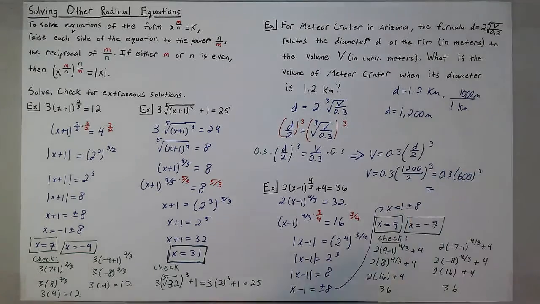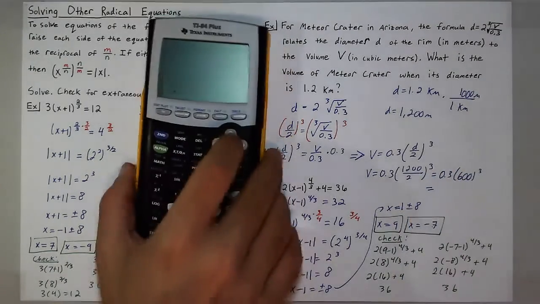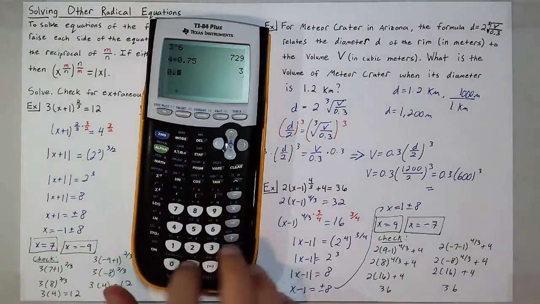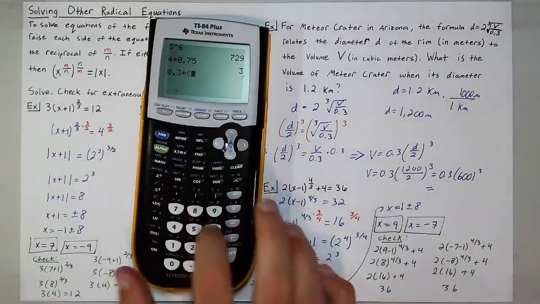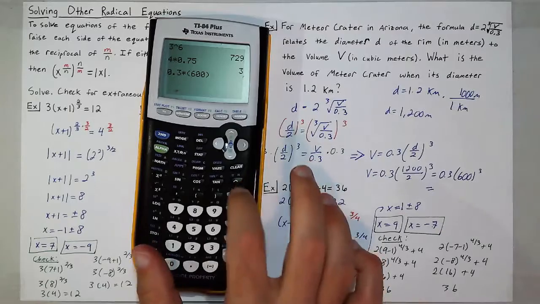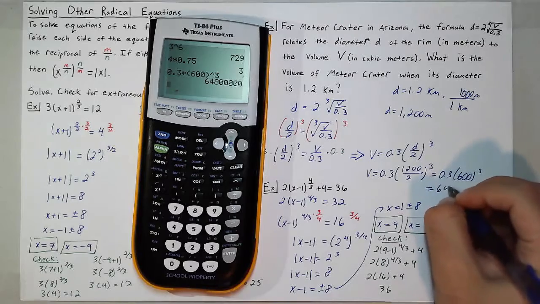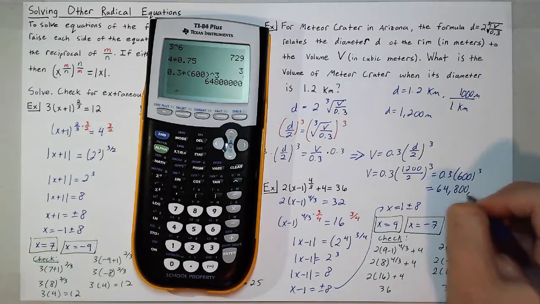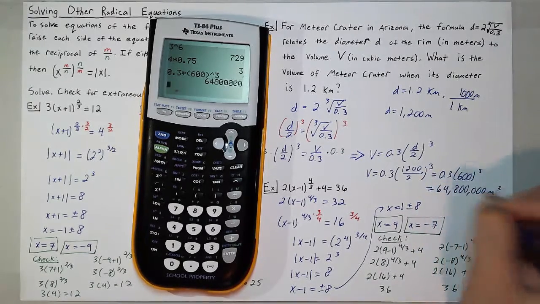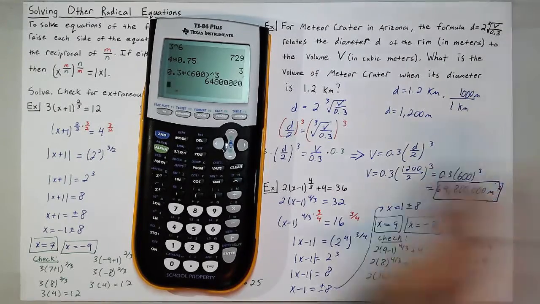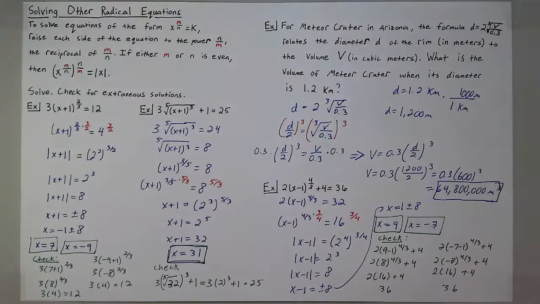So the volume of this crater, I'm going to get my calculator, would be 0.3 times 600 cubed, 64,800,000 meters cubed. Very, very large. So 64,800,000 meters cubed. And that is how you solve other radical equations.